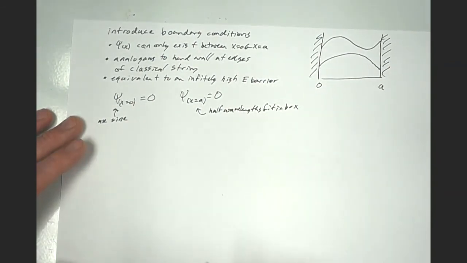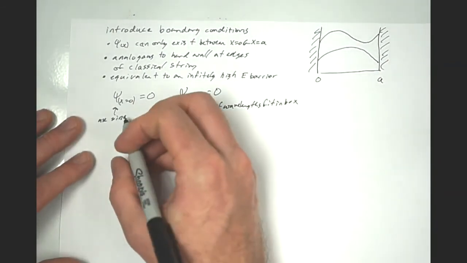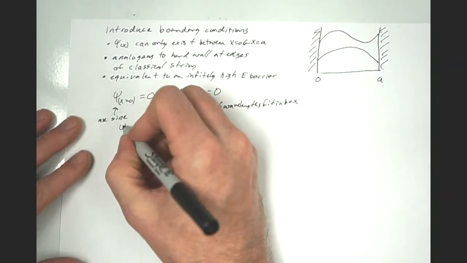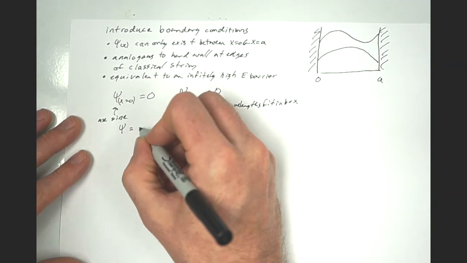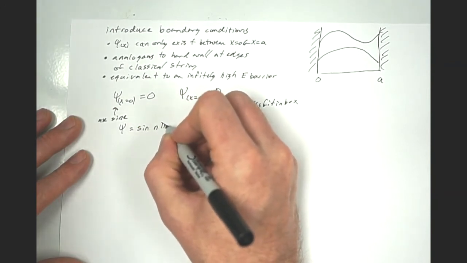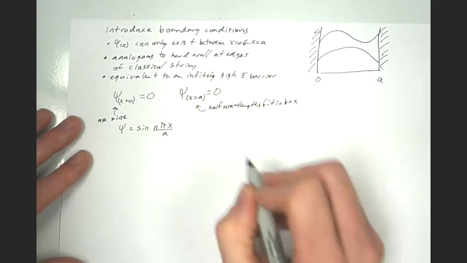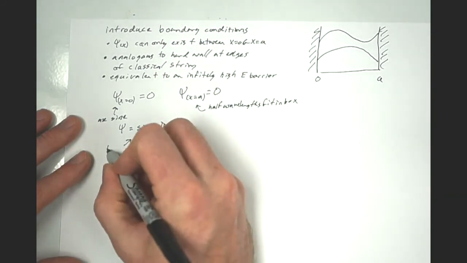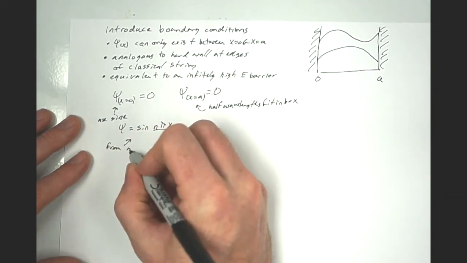So our boundary conditions, knowing that psi is some set of sines and cosines, tell us that a wave function has to be sine of n pi x over a. That's its functional form to fit in this box. And we got that from the boundary conditions.